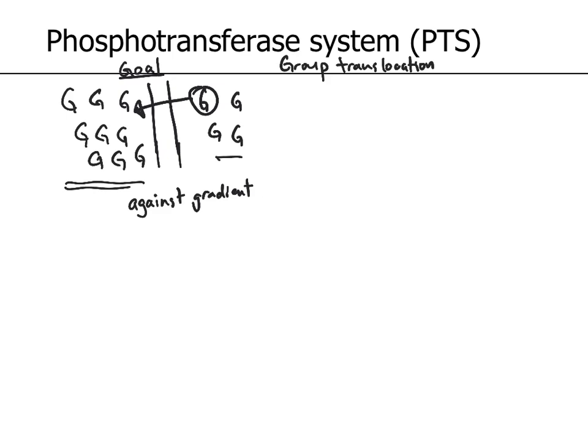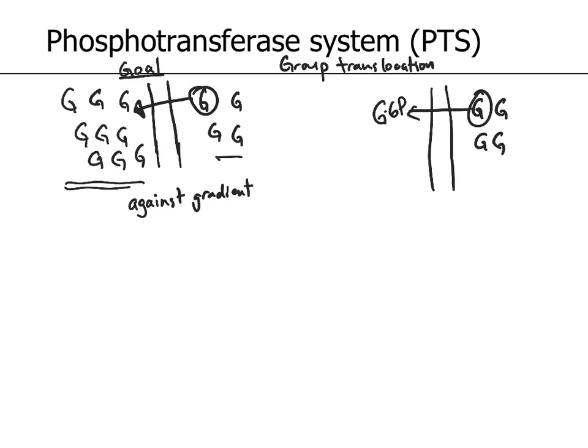Essentially, anytime you want to move something against the gradient, that requires energy. It's harder for that to happen. What this phosphotransferase system does is a trick where it modifies the glucose. So if it's glucose out here, as the glucose goes in, it modifies it to glucose 6-phosphate.